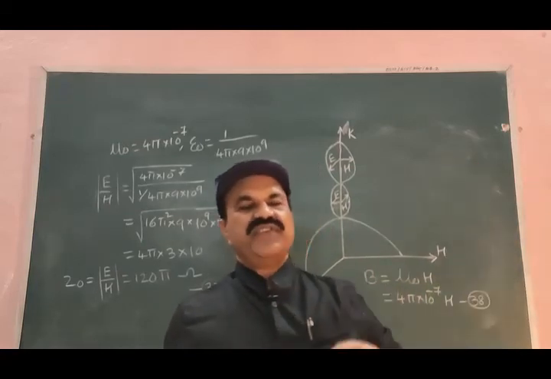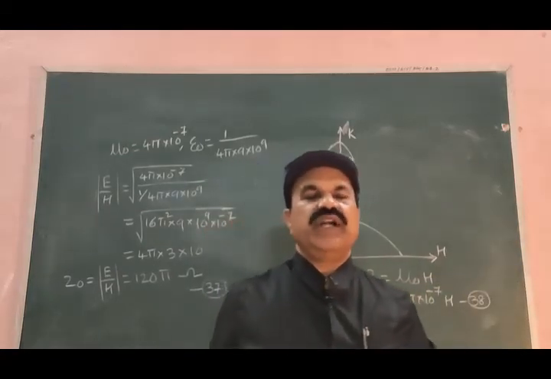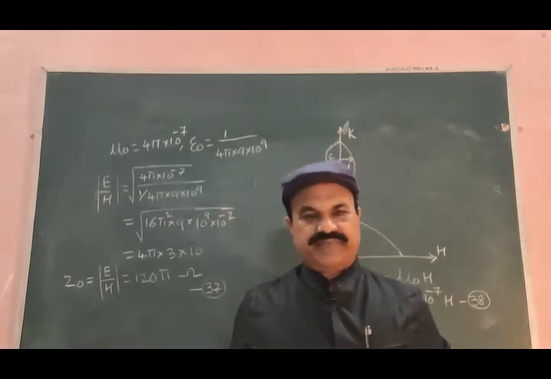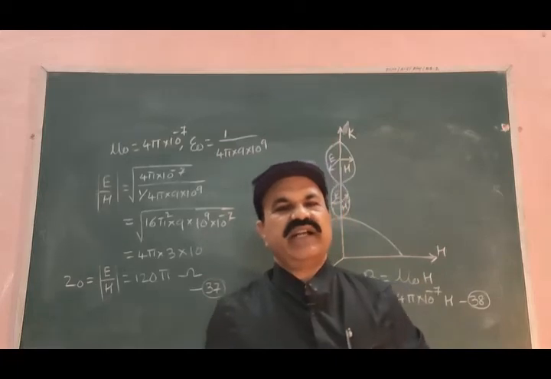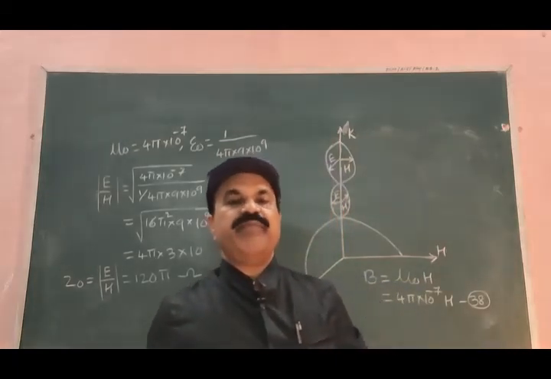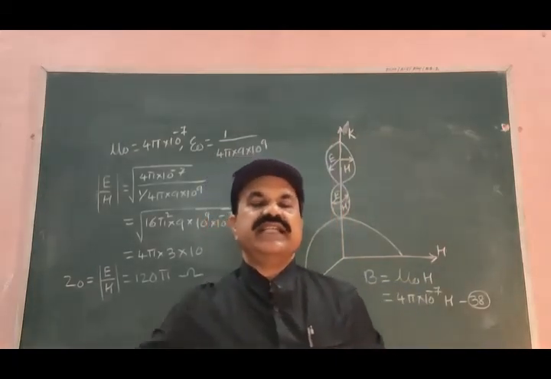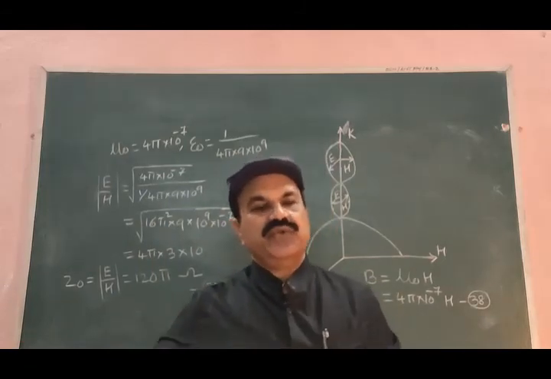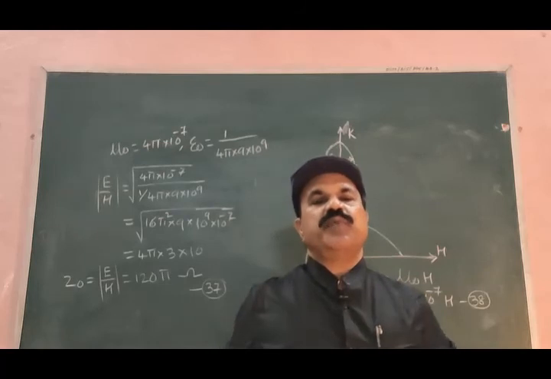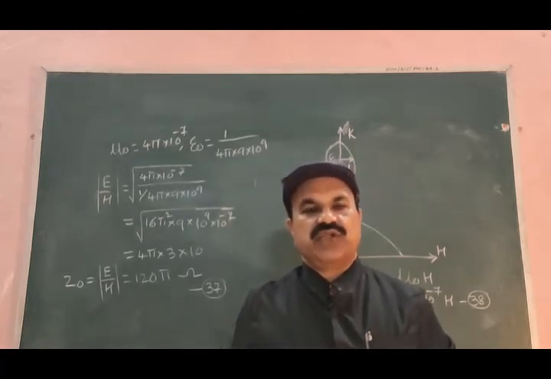Therefore, the electrical and magnetic components E and H of the electromagnetic wave are mutually perpendicular to each other, and at the same time these two are also perpendicular to the direction of propagation of the plane electromagnetic wave.